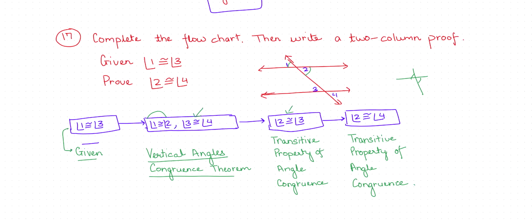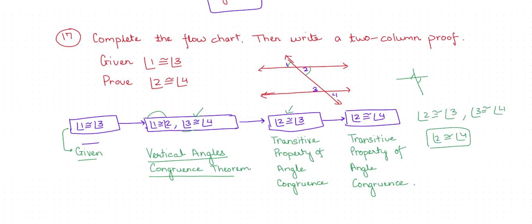So by transitive property of angle congruence, angle 2 is equal to 4. Because angle 2 is congruent to angle 3, and angle 3 is congruent to angle 4, so angle 2 is congruent to angle 4. This is by transitive property of angle congruence.